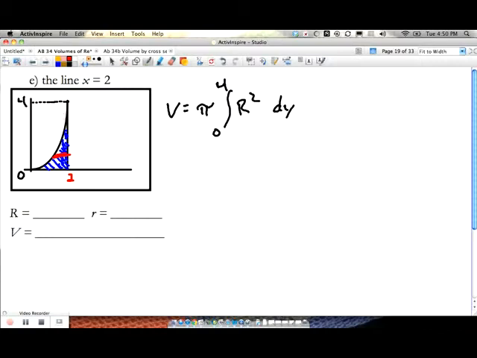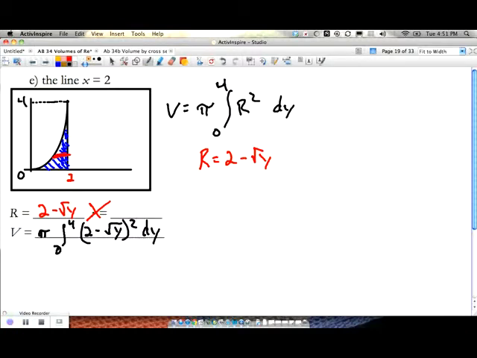In this case, 2 on the x-axis winds up being bigger than square root of y. So big R equals 2 minus square root of y. It's from edge to edge, so the little r we don't care about. Putting these two pieces together, volume equals pi times the integral from 0 to 4 of 2 minus square root of y, quantity squared, dy.